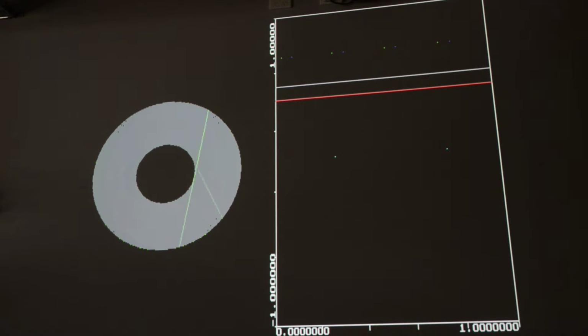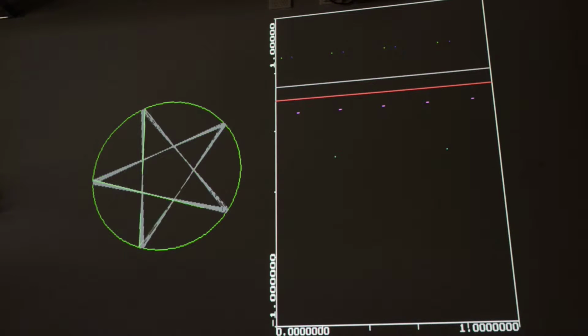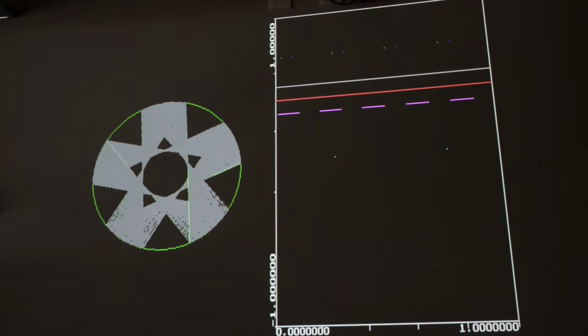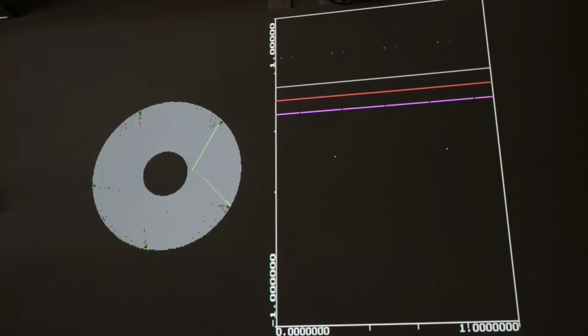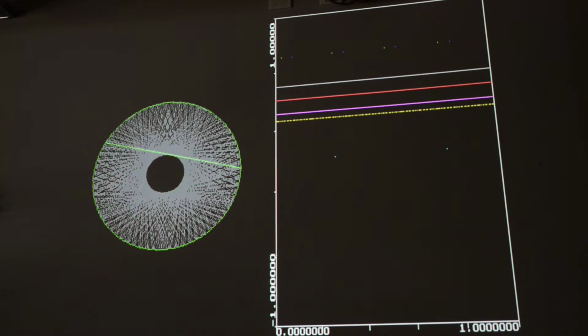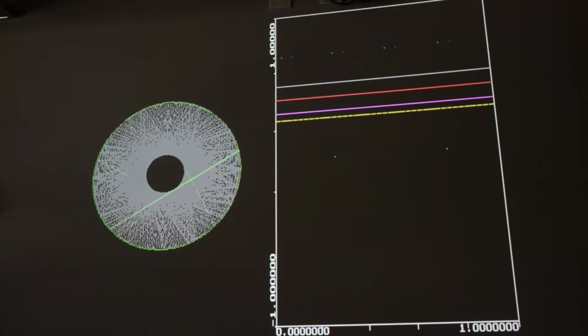And I'm going to move again. Again, I don't have a nice divisor of 360. It's very unlikely to have a nice divisor of 360 if you're just moving a tab by hand like this.